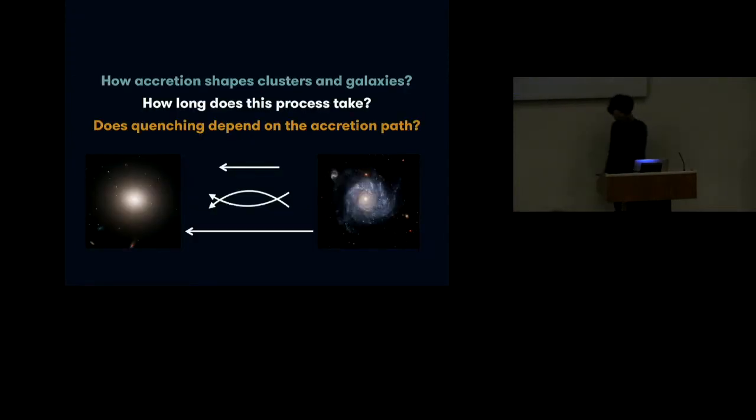So this is a specialist meeting on quenching in galaxies, so I won't reiterate what we're trying to understand, but graphically, what we want to describe is how such an object can be transformed into that one.